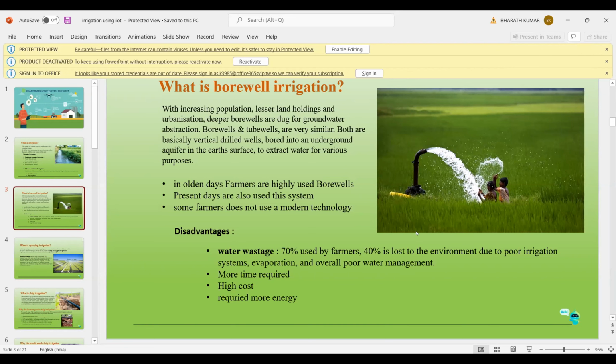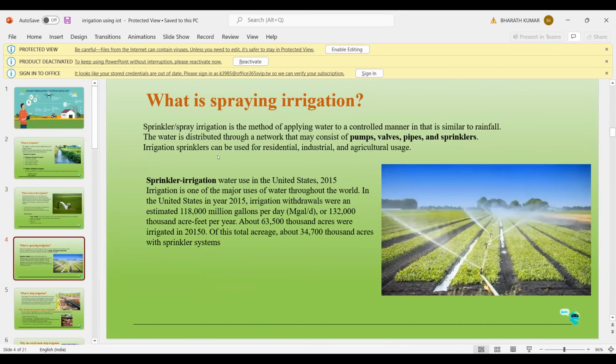It requires more time and more energy, because farmers spend more time on their irrigation system. Coming to the spraying irrigation system, the sprinkler method applies water in a controlled manner, similar to rainfall.